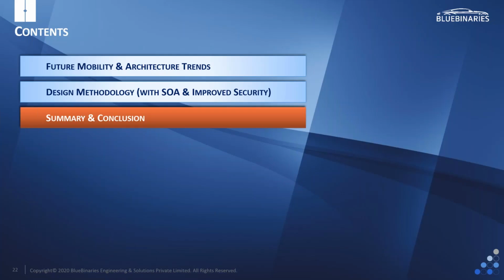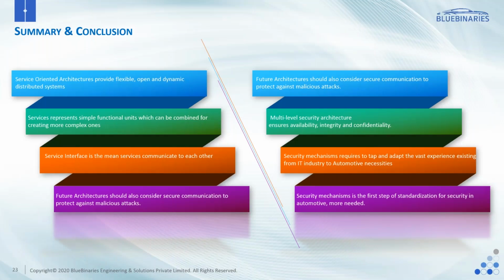Okay. So on a conclusion note, in the interest of time, I have already touched on all these summary points in my previous slides. How the service-oriented architecture enables the flexibility and open and dynamic distributed systems.